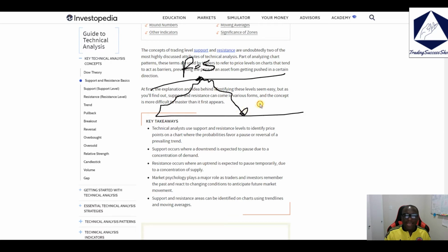So this area is what? Guess what? It is called our support, which is equal to what? Our demand, or vice versa. Our demand is equal to what? Our support. Okay, so that is how you look at the chart in real time.